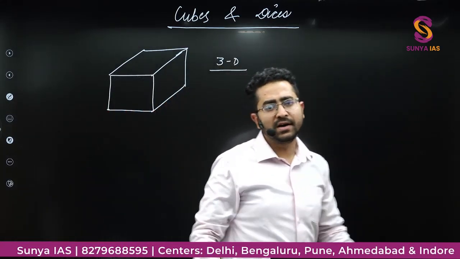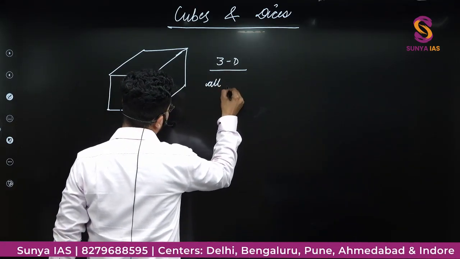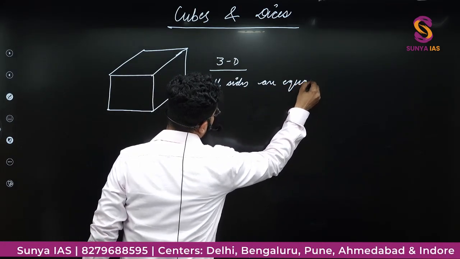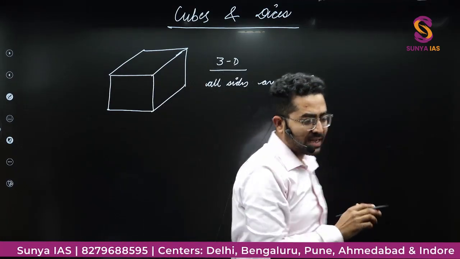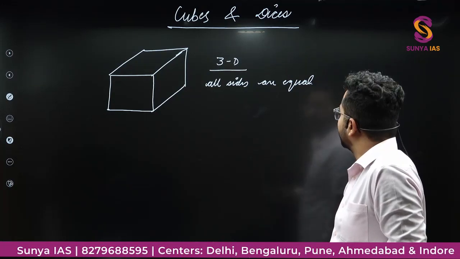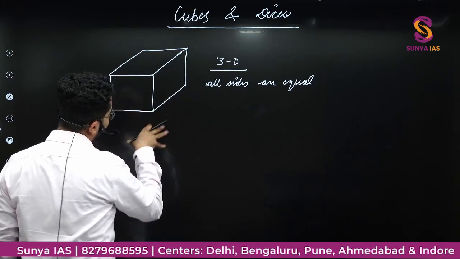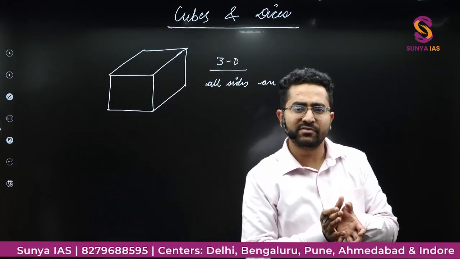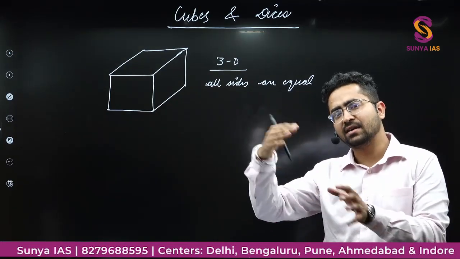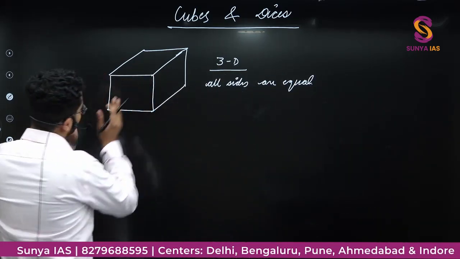The second important trait of this cube is that all the sides are equal. ठीक? That is what makes it different from cuboid. Cuboid क्या होता है? Cuboid is also a 3D figure, but उसमें ना सारी sides same नहीं होती हैं. Length, breadth, height, ये कुछ अलग भी हो सकती है. ठीक है? This is cube.